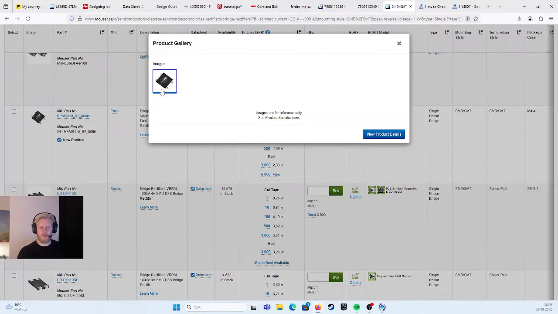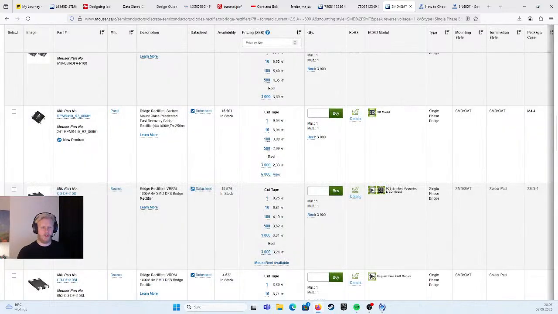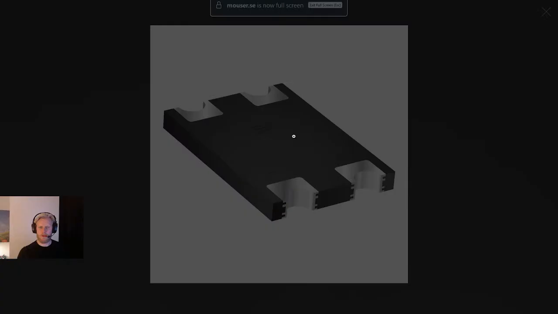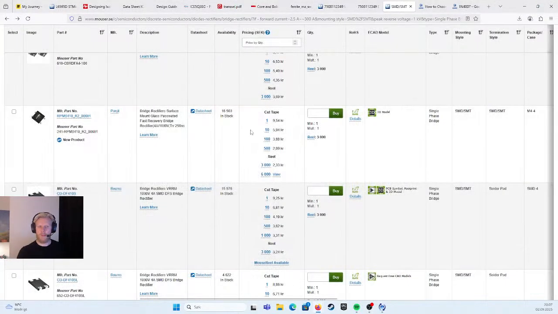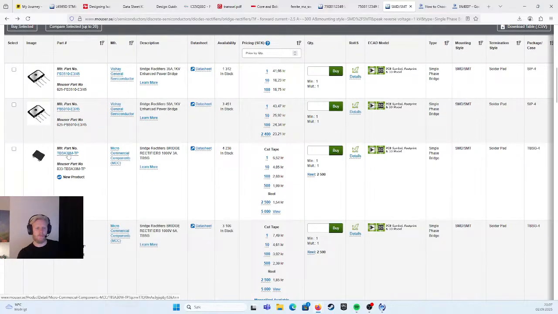This package looked nice. Maybe that could be something. This I've never seen before, but it's about the same price. It has a lot in stock. Punjit, haven't heard about this before. What about this TBS? This is even cheaper. It's probably pretty good. I would look into that one.